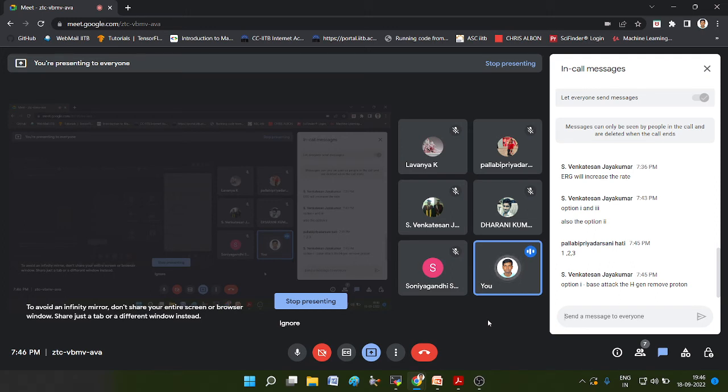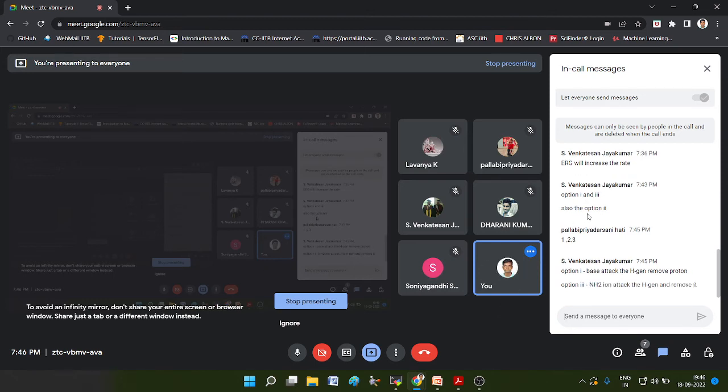Lavanya, you can also answer sometime. Option 3, the NH2 ion attacks the hydrogen and removes it. Yeah, perfect. That's good. That makes the answer clear.